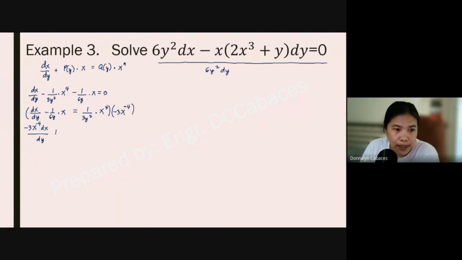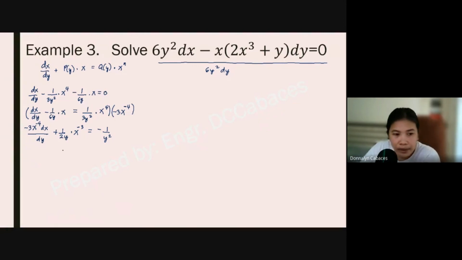Then that would be plus 1 half y over times x to the negative 3 is equal to negative 1 over y squared. Okay?